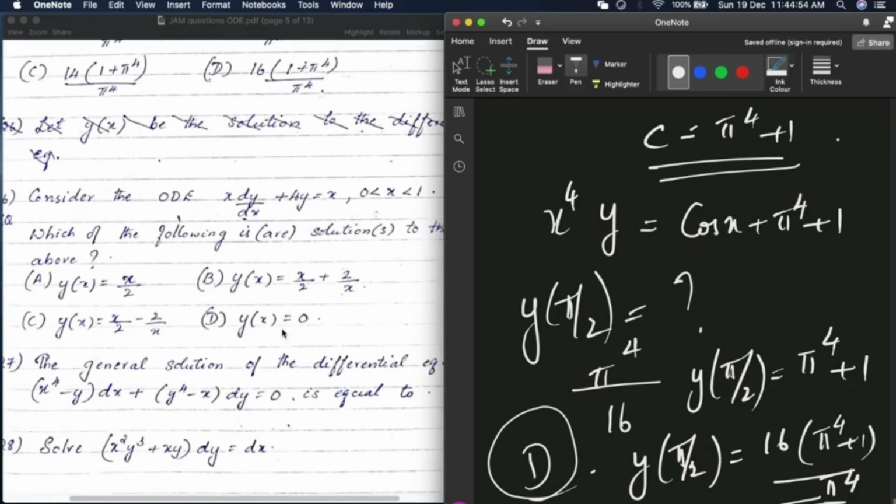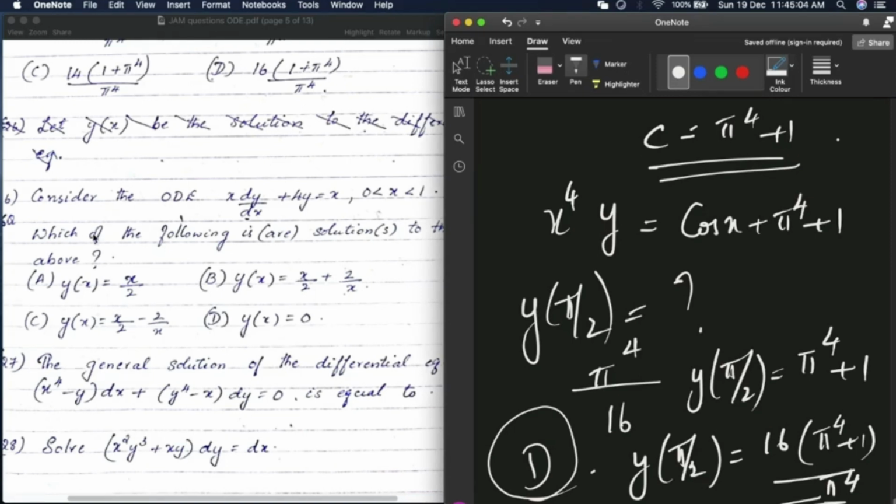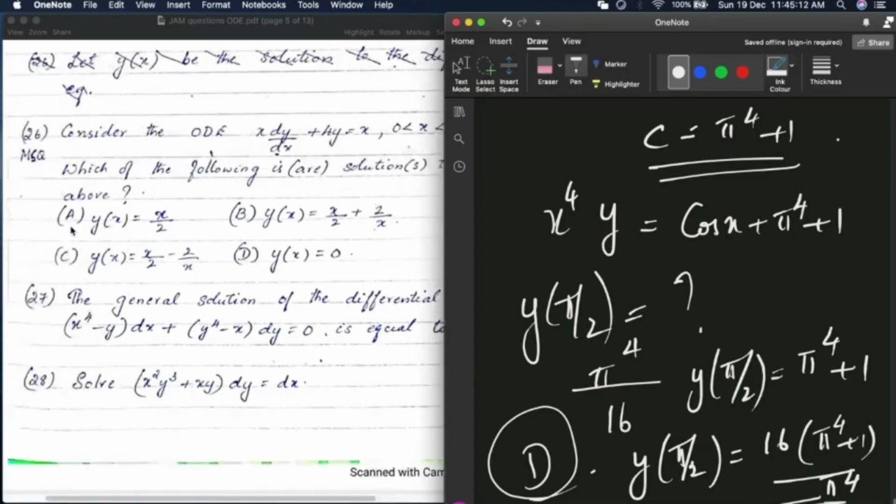Consider the ordinary differential equation. This is also linear, no? x dy by dx plus 4y is equal to x, for x between 0 and 1. This is an MSQ. Which of the following are the solutions to the above? y(x) is equal to x by 2. X dy by dx plus 4y.